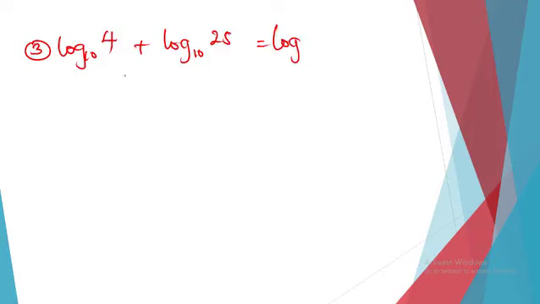Okay, if we are given log 4 base 10 plus log 25 base 10, all we need to do here is to bring one of the logs and the base, since it is in base 10. Then we have 4 times what? 25, and that will give us what? Log 100 base 10.